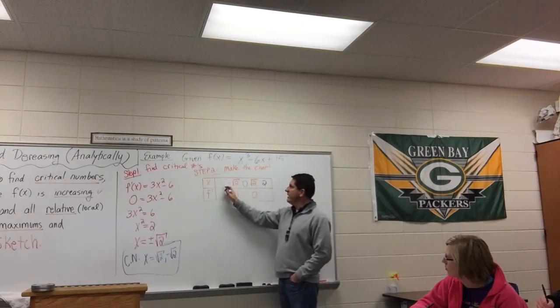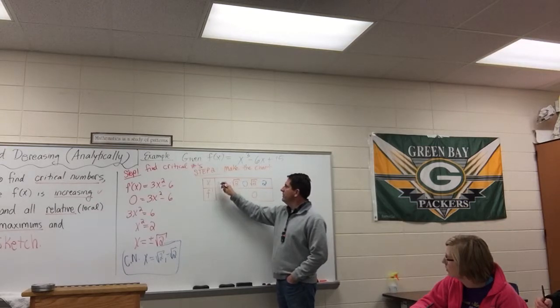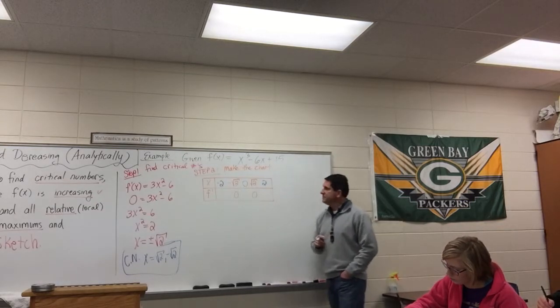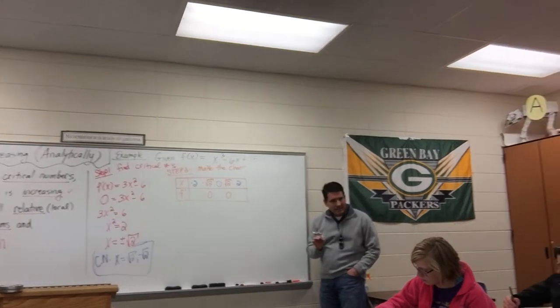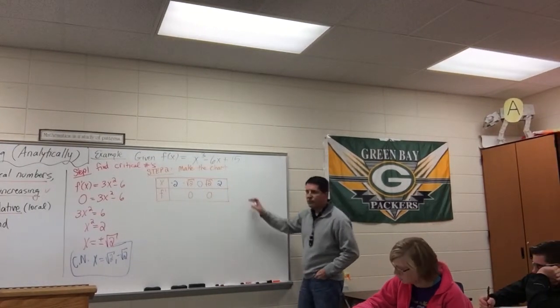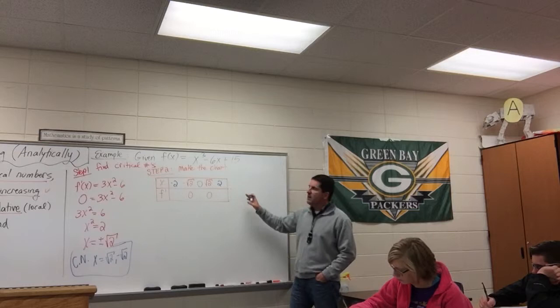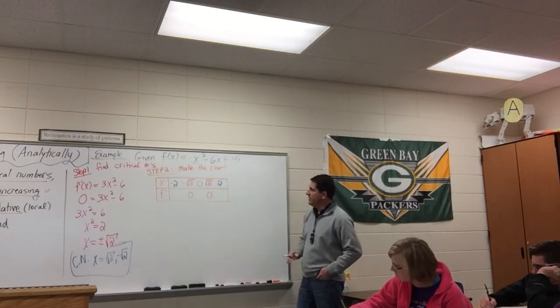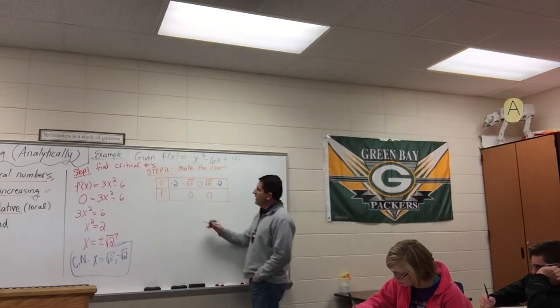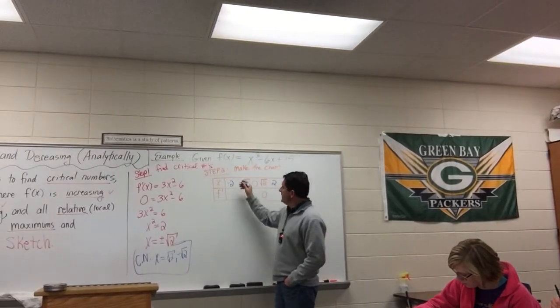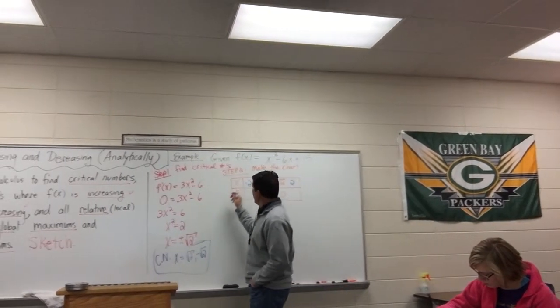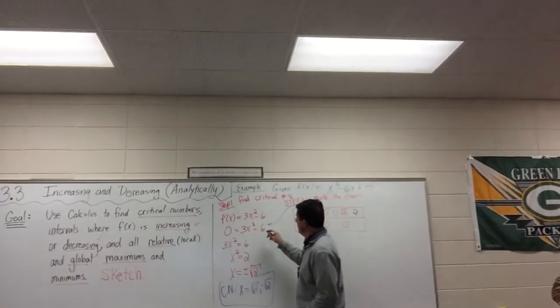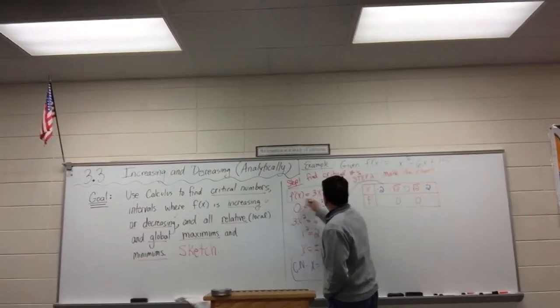And then a number to the left of negative square root of 2 would be negative 2. We're making a t-table, and it's actually representing a number line that's going to be able to help us determine what's going on here. Okay, so now watch this. Now we're going to take these values here, and we're going to plug them into the derivative.